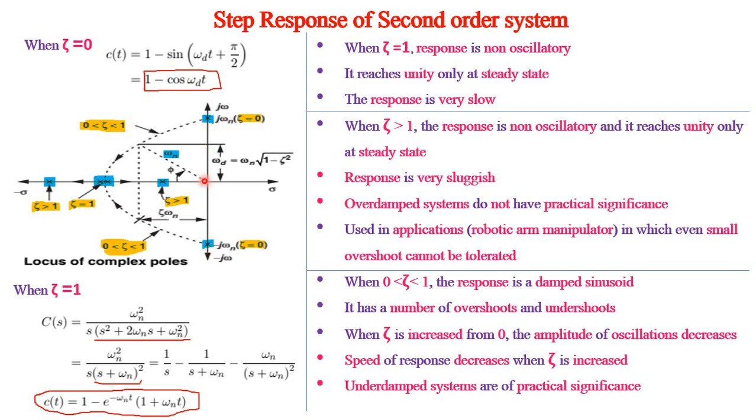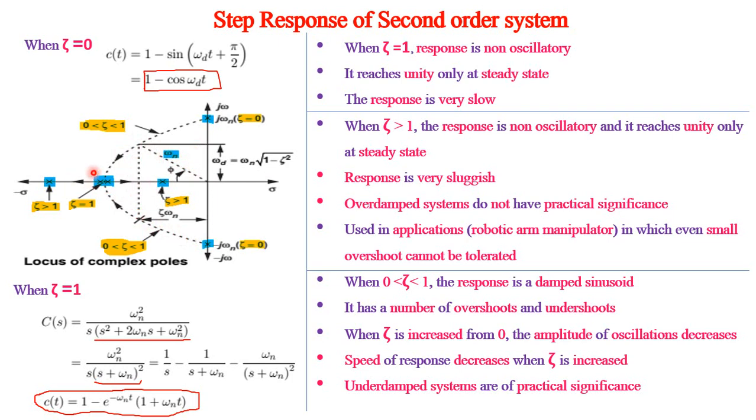When the damping ratio is greater than 0 and less than 1, the poles are complex conjugates of each other, but with a negative real part like this. So one pole travels like this, another pole travels like this, but they are complex conjugates of each other. So this is the radius omega n.